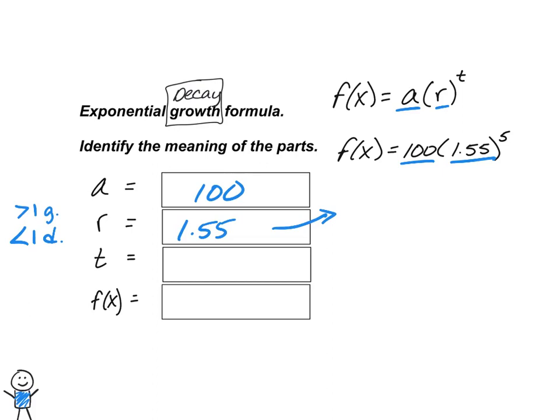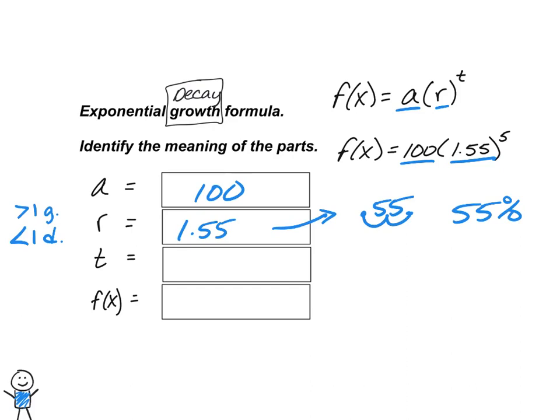Well, this one is 0.55 from the 1. To convert this decimal into a percent, you move the decimal to the right 2 places. So 1.55 represents a 55% growth rate. Okay? We'll do some more examples with growth rate and decay rate in future slides.